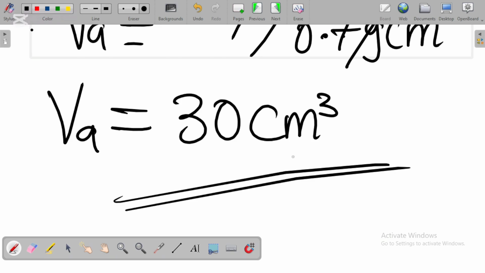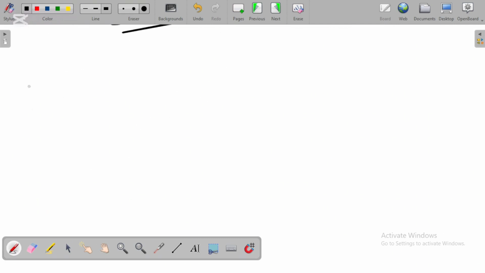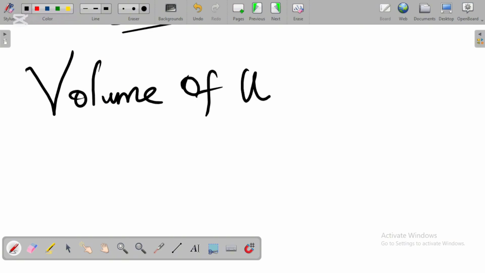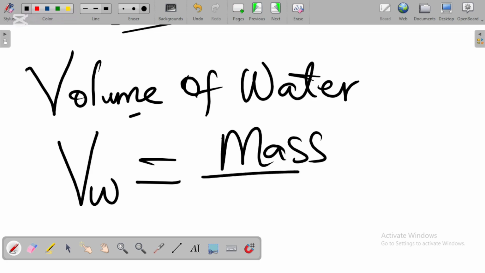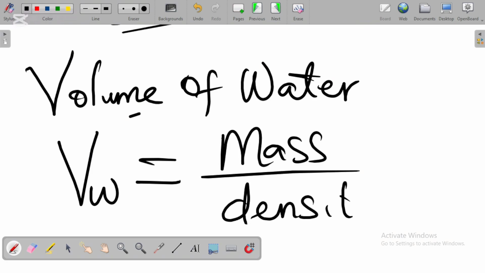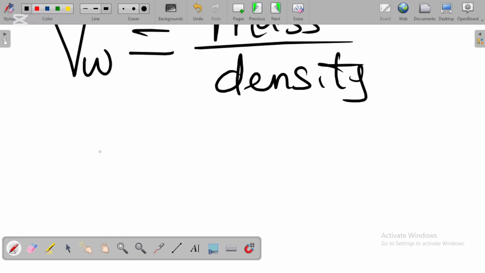Now let's find the volume of water. Volume of water, V subscript W. Remember the formula of volume. Volume is equal to mass all over what? Density. Mass all over density. All right, what's the mass of water? Let's check again.